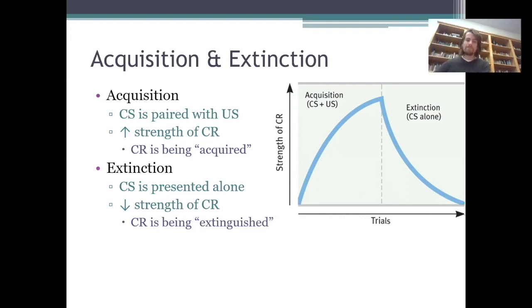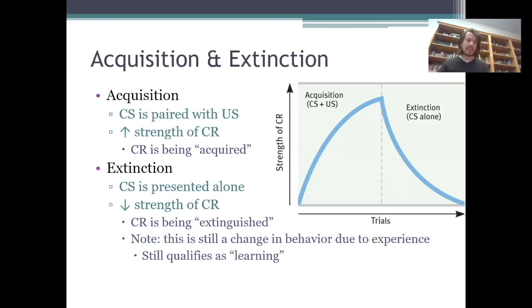Okay. So guys, I described extinction as Dwight learning that there's been a change in what the sound signifies, because extinction is really better understood as a case of learning in its own right rather than as forgetting. So during extinction, the person or the animal's behavior is still changing due to experience.